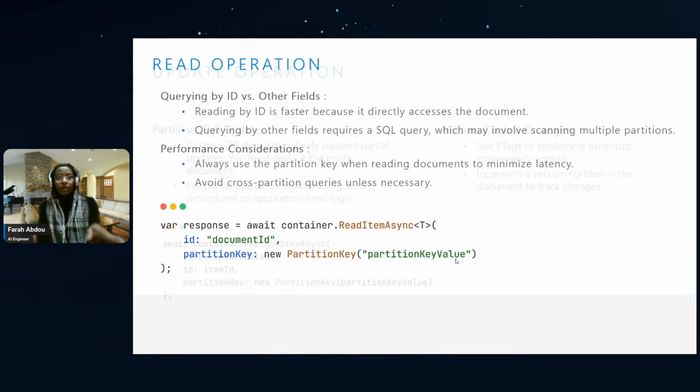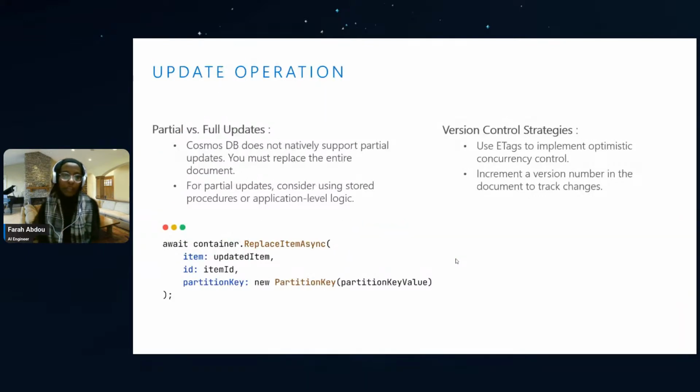I will go through the update and delete, and then we will have our demos. For update, we will use ReplaceItemAsync in our snippet of code right here. Here we have partial versus full update. Cosmos DB doesn't natively support partial updates, so we need to replace the entire document if we change something in it.